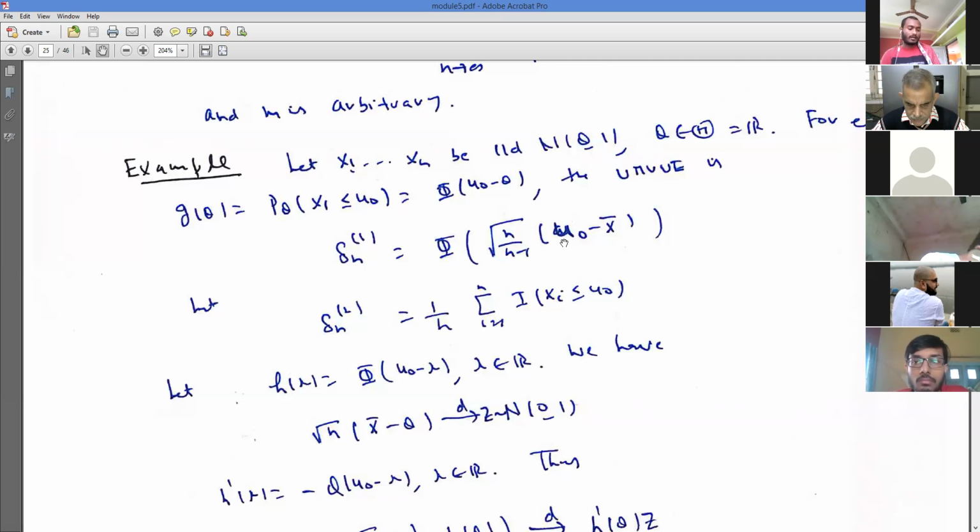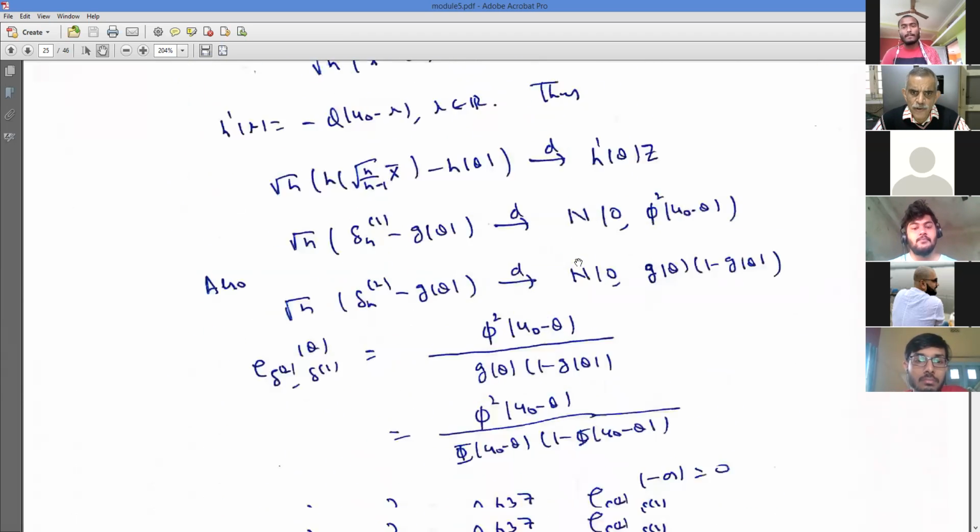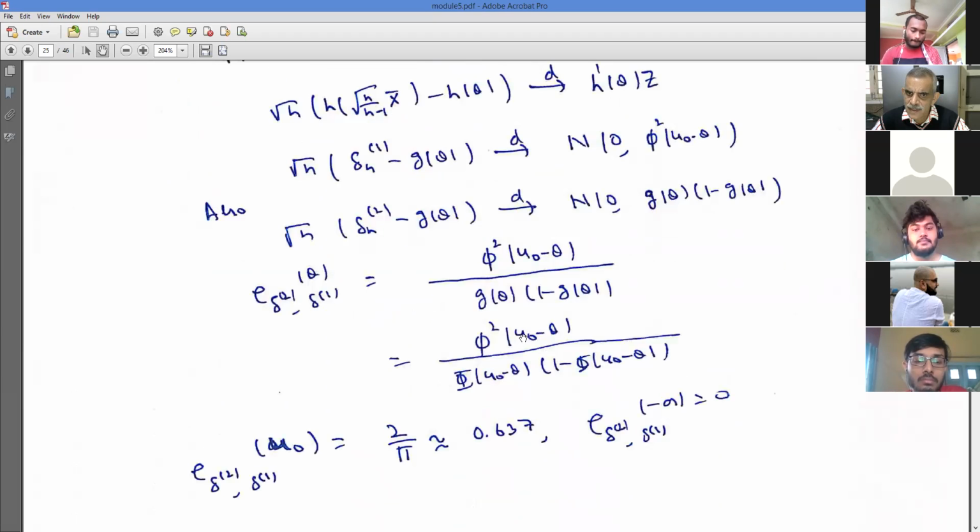Sir, how is the ARE here an increasing function of mu naught minus theta? That you can prove. That you try to prove. First of all, note that it is a symmetric function of U0 minus theta. In place of U0 minus theta, if you put theta minus U0, it remains the same.